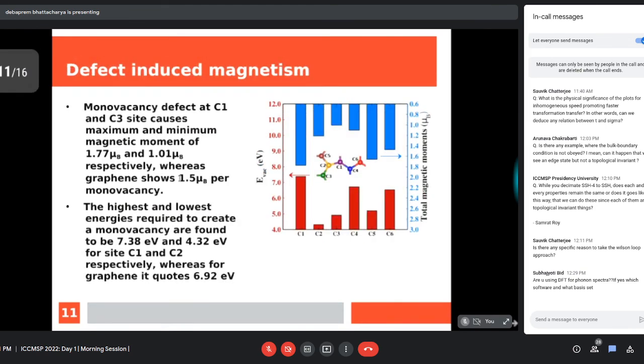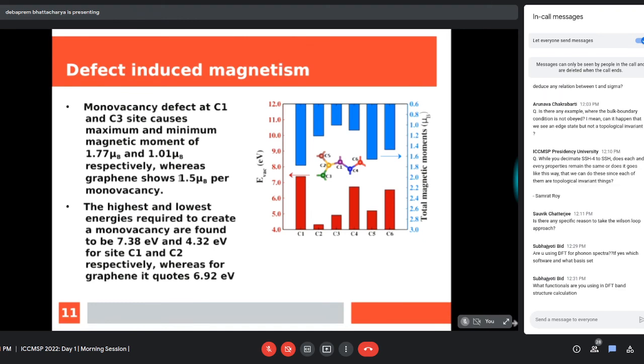We have also checked the defect-induced magnetism in this material. In the 6 non-equivalent sites, we have created a monovacancy defect and observed the magnetic moments and the vacancy formation energy. This is shown in the graph. Here we see the C1 site and the C3 site have the maximum and minimum magnetic moment respectively, of 1.77 Bohr magneton and 1.01 Bohr magneton.